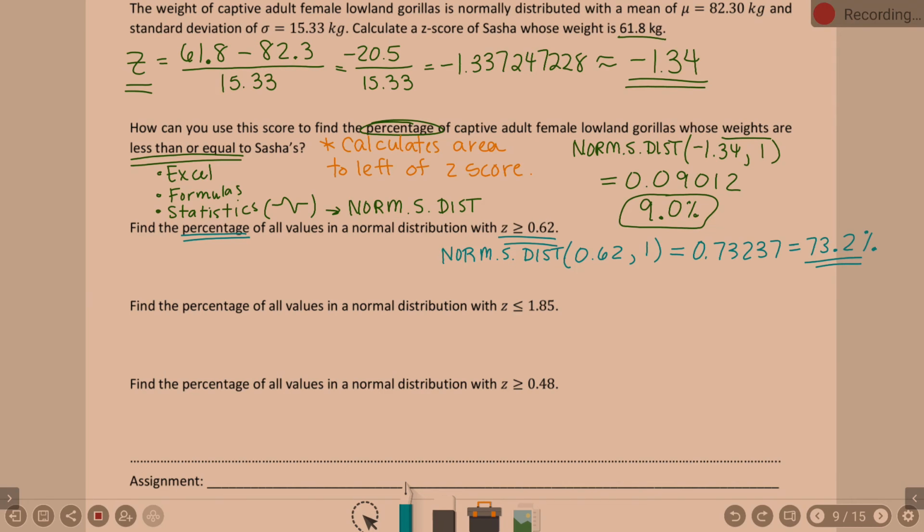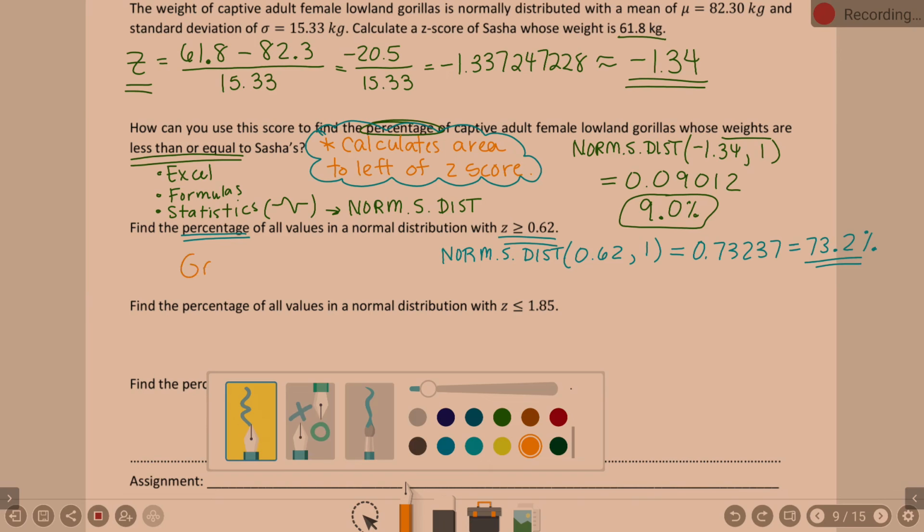This is where we need to go back and look at this statement right here. What does this function do? It calculates the area to the left of the z-score. So, this is saying that 73.2% is to the left. What is this question asking me? Because it's greater than, it wants to know how much is to the right. Now, I don't have a different way to do this in Excel.